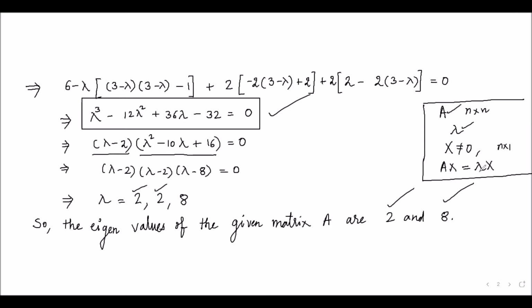On the right hand side, we have scalar multiplication. Lambda is the eigenvalue, which is a scalar, and x is the eigenvector, which is non-zero, and its order is n by 1.